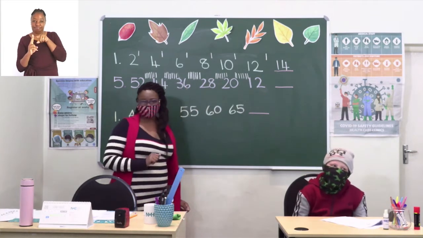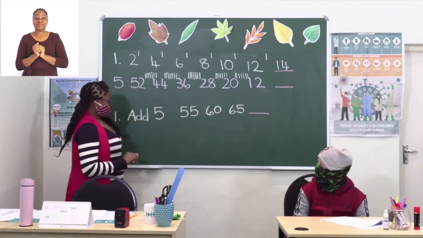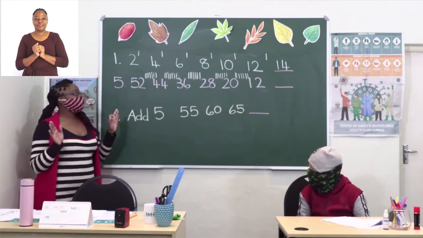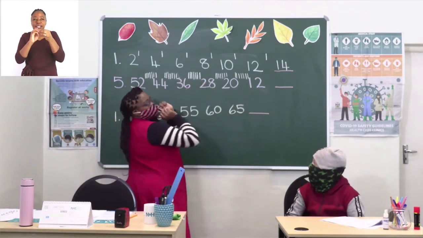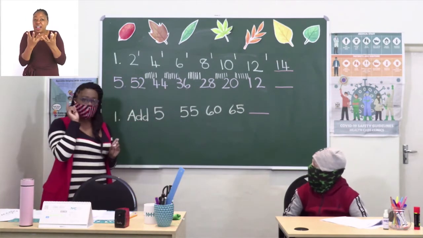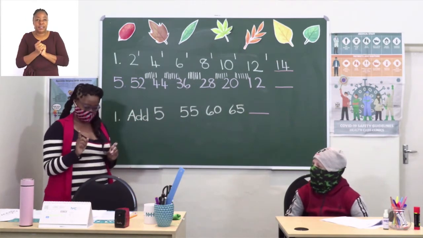Oopsie, teacher almost made a mistake there. Now, we need to find out how many numbers are in between each of these numbers so that we can find out what is the pattern.